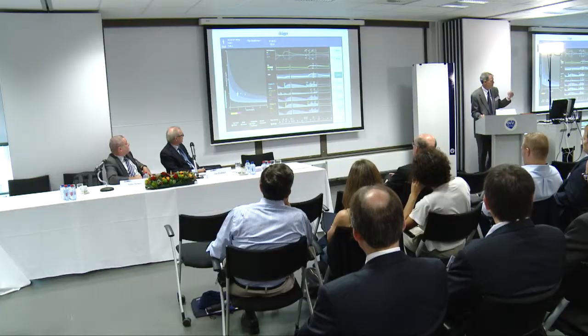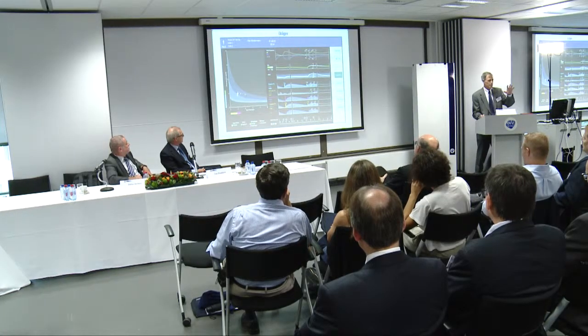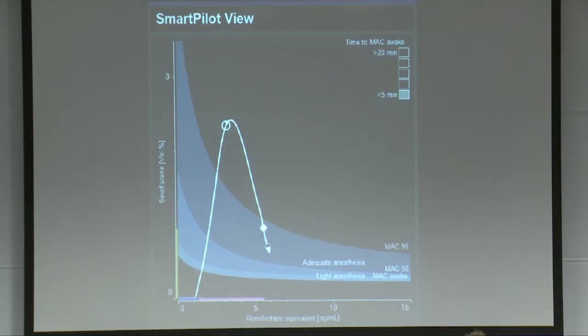So this gives the clinicians access to those complex pharmacodynamic relationships in a very simple and user-friendly manner. Shown again here are the effect site concentration for remifentanil equivalents and effect site concentration of sevoflurane.